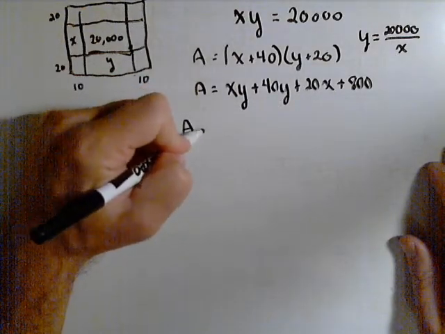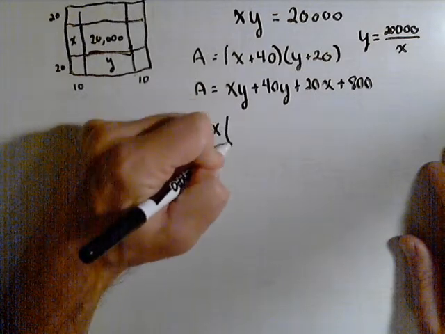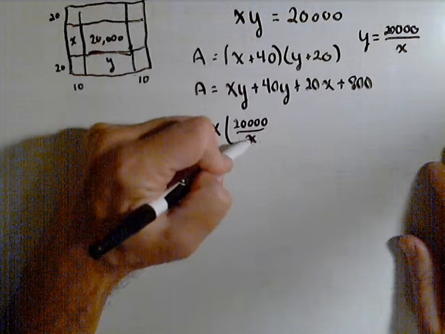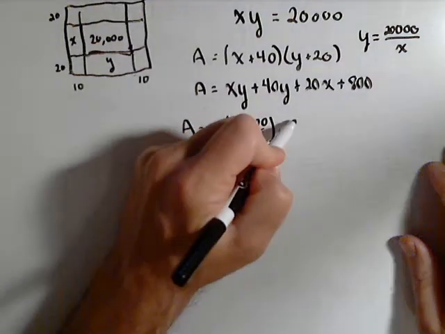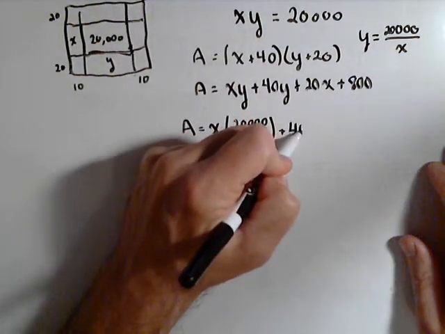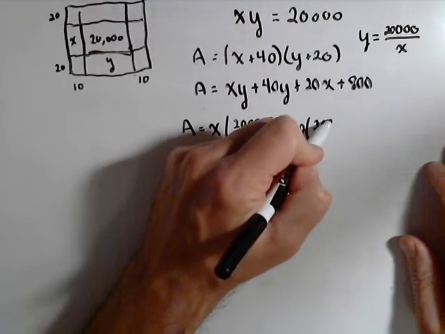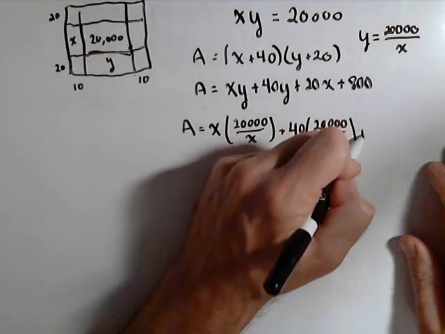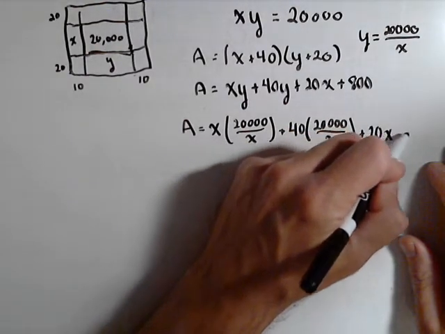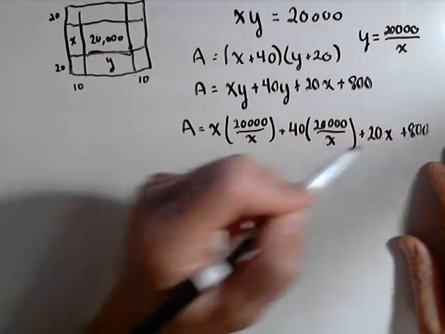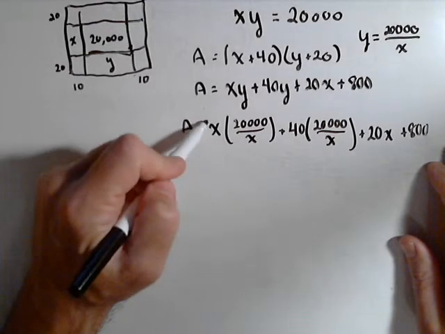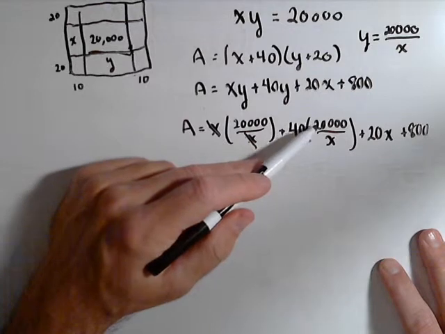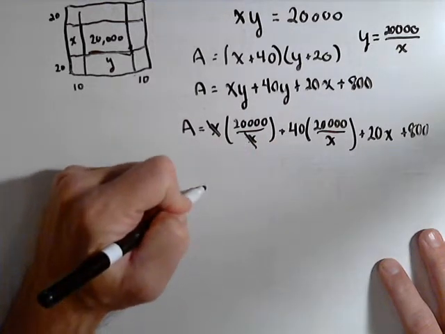So I have A equals x times 20,000 over x plus 40 times 20,000 over x plus 20x, that stays the same, plus 800. Okay, those x's will cancel, so we can go ahead and cancel those, and we're going to be able to do some multiplying there.